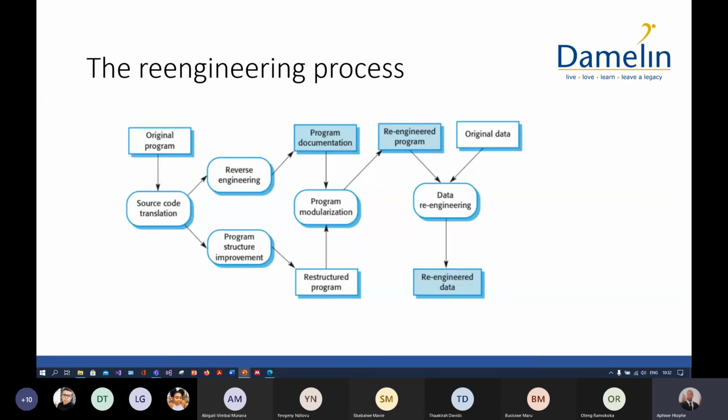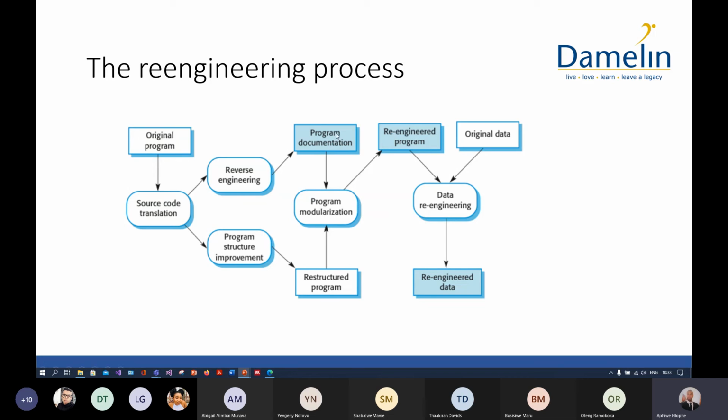So in terms of a diagram, this is how they represent the re-engineering process. And you can see that the blocks highlighted in blue are the actual outputs. There are three main outputs of a re-engineering process.